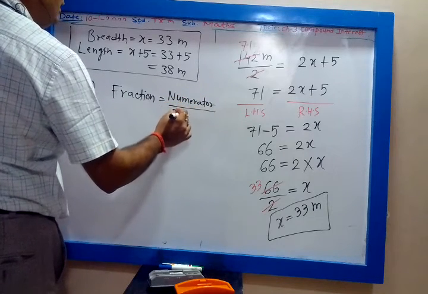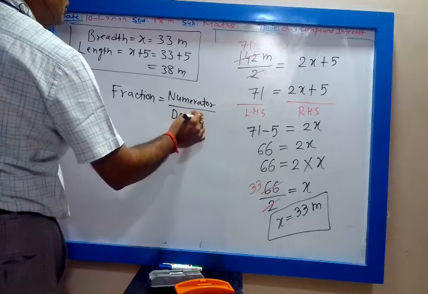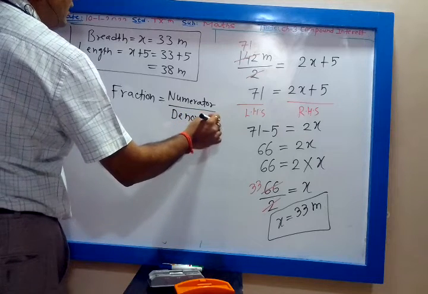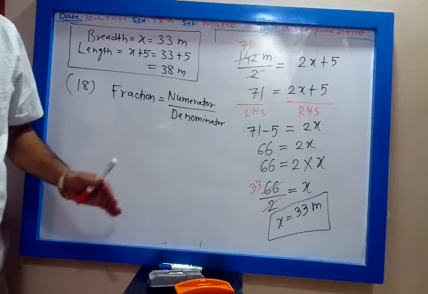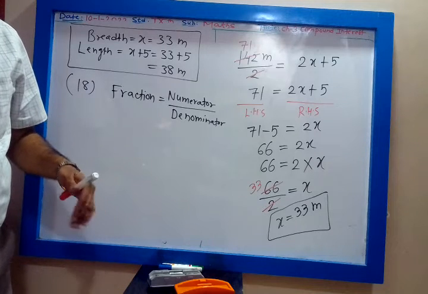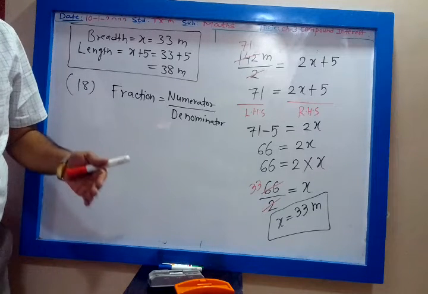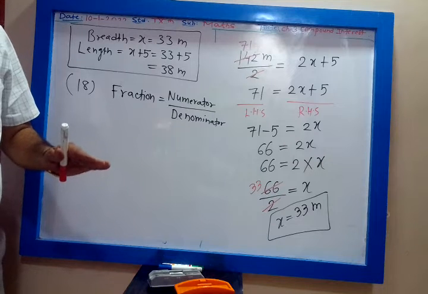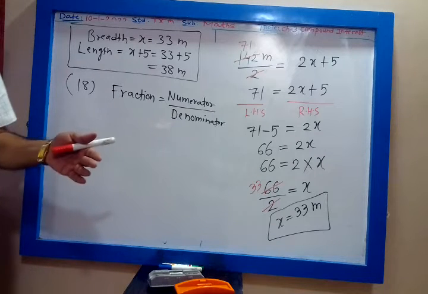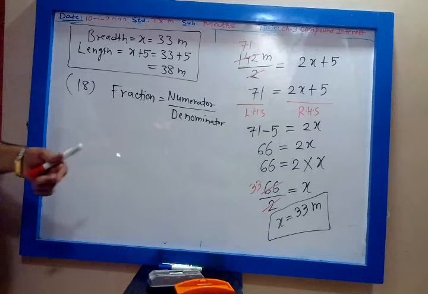That you remember. So any fraction is of the form numerator upon denominator. Let us see what is given in the question. The numerator of a fraction is 4 less than its denominator. So numerator is 4 less than denominator.